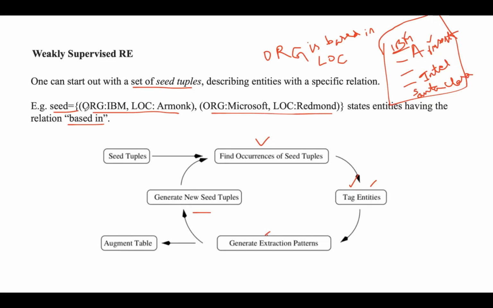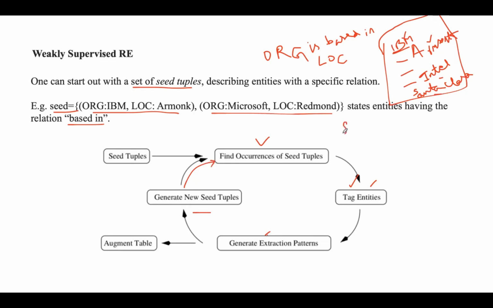So you can generate a tuple like this by taking Intel. So organization becomes Intel and location will be Santa Clara. Okay, so this is how you can have any set of organizations and locations in this new text. So you need to extract everything.